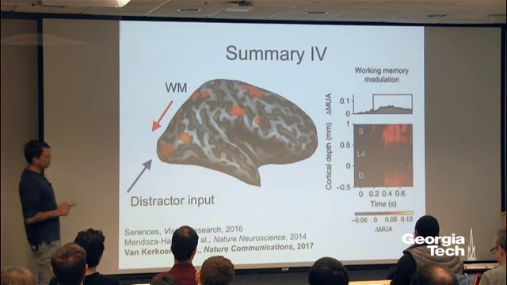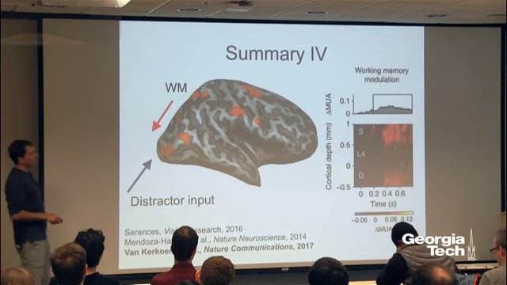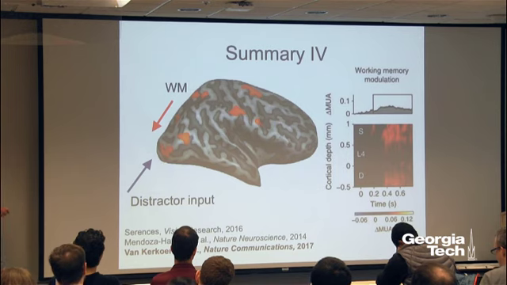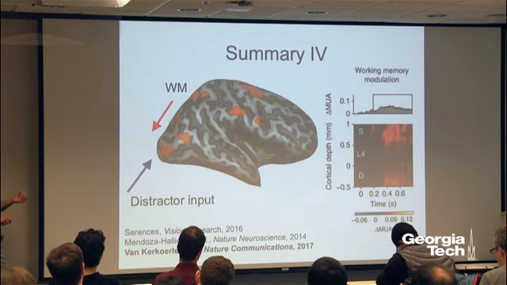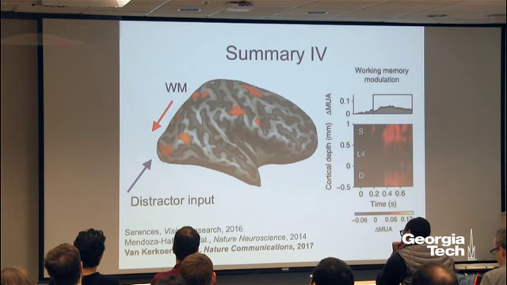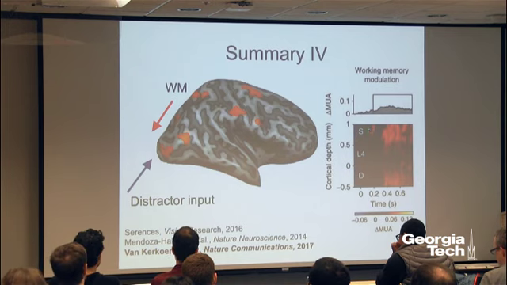But the important thing is that when they present the stimulus to the animal, you get a lot of multi-unit activity in input layers, layer 4 in primary visual cortex, right? But during the working memory delay period, which is shown here, what you see is sustained multi-unit activity in the feedback layers, so superficial and deep layers here, okay? And there's not much happening in these input layers.